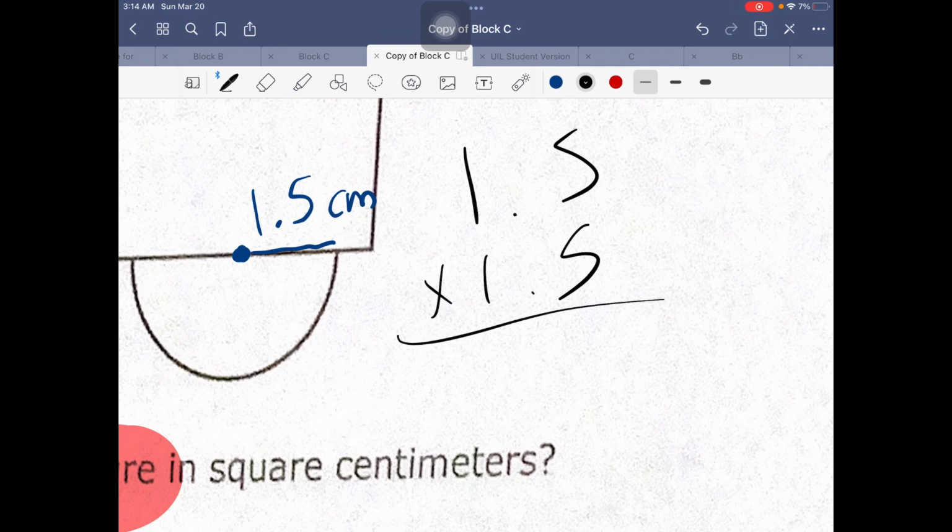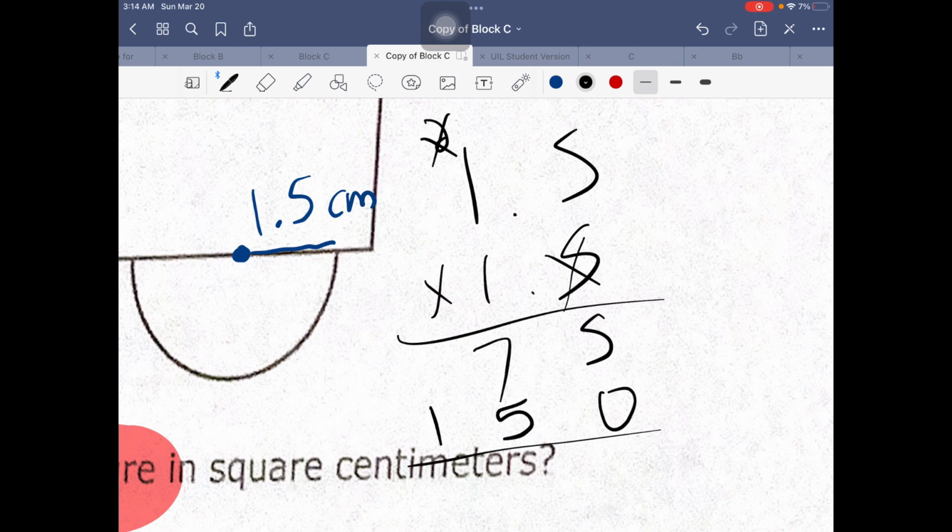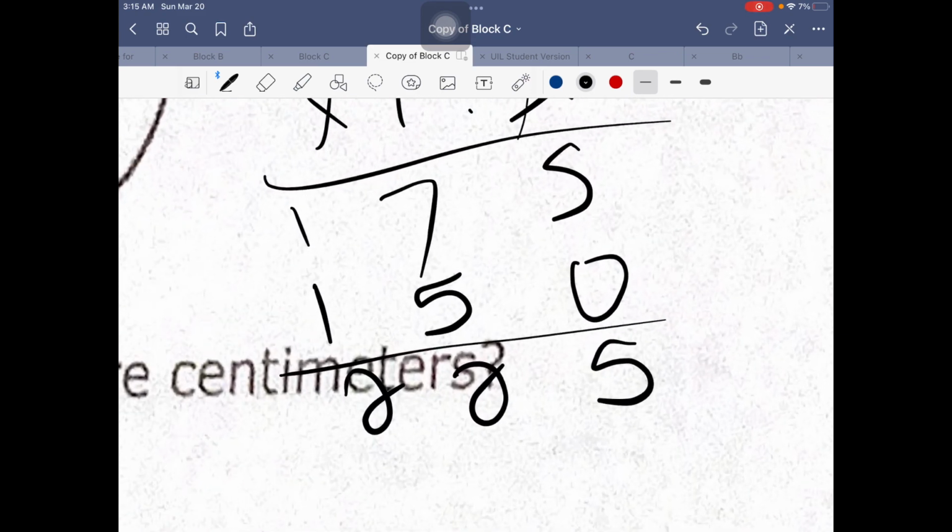What's 5 times 5? 25. 5 times 1 plus 2, 7. I'm done with 5. 1x means 1, 0. What's 5 times 1? 1 times 1. There we go. 5 plus 0 is 5. 7 plus 5 is 12. 1 plus 1 is 2. How many decimal places do I have? 2.